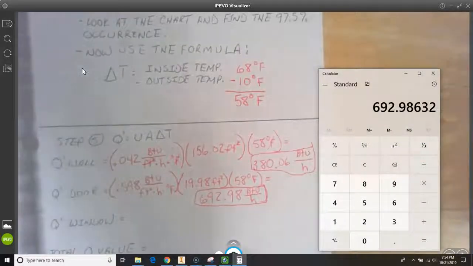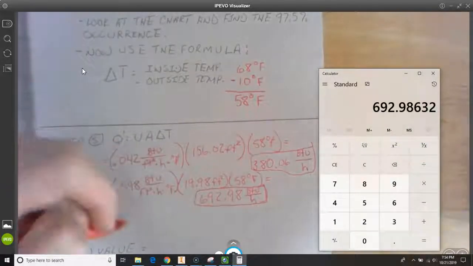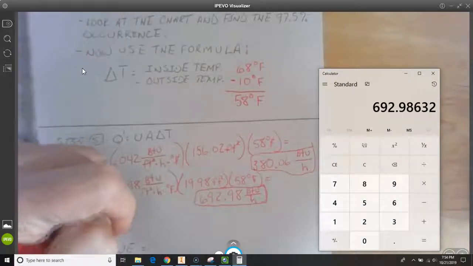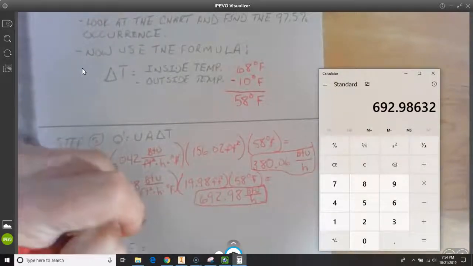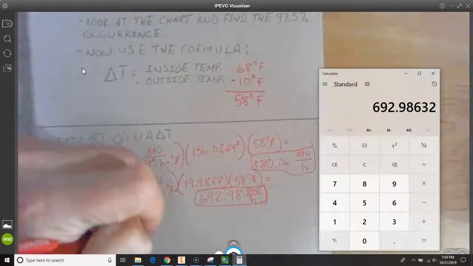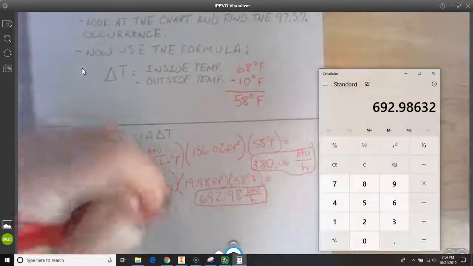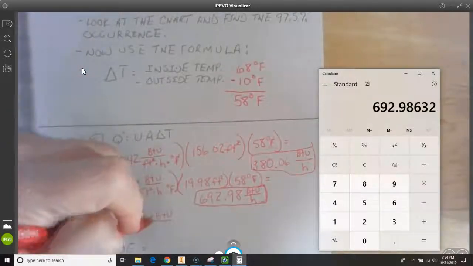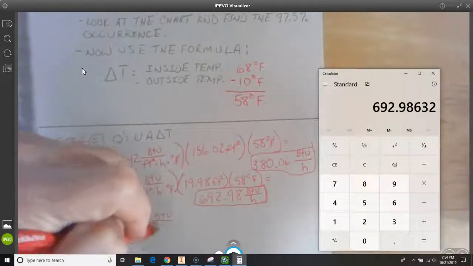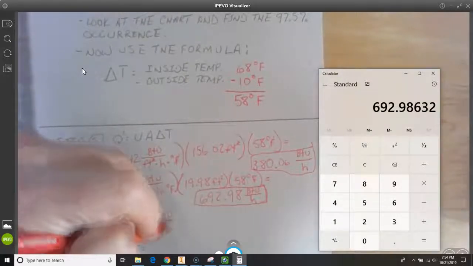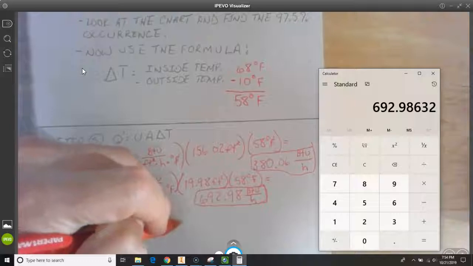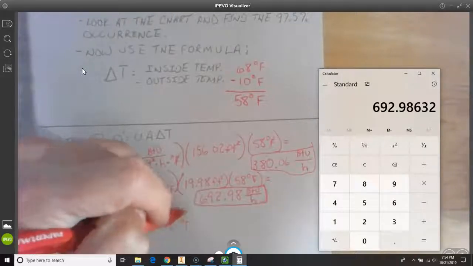So it's the same rate as this one up here. So this is 0.598, and that's BTUs divided by feet squared times hours times degrees Fahrenheit.